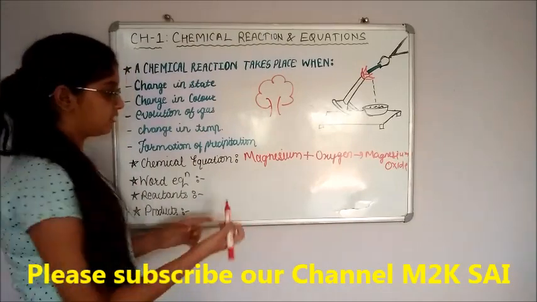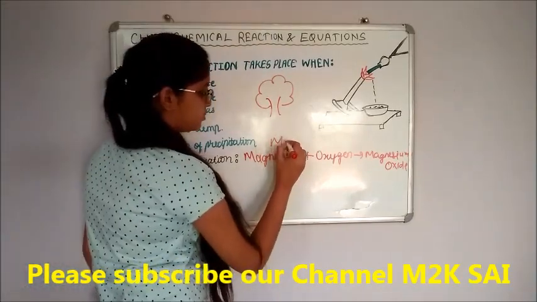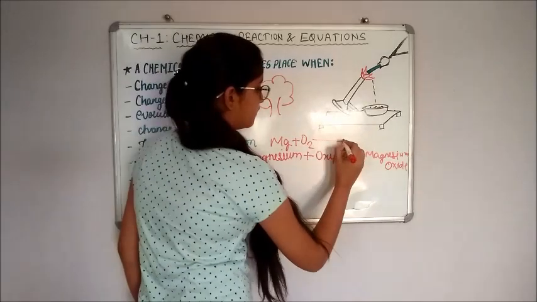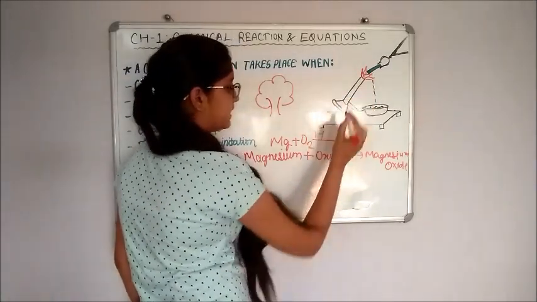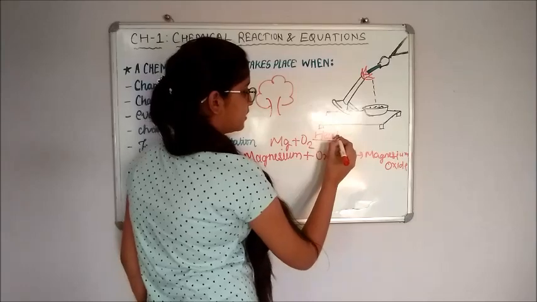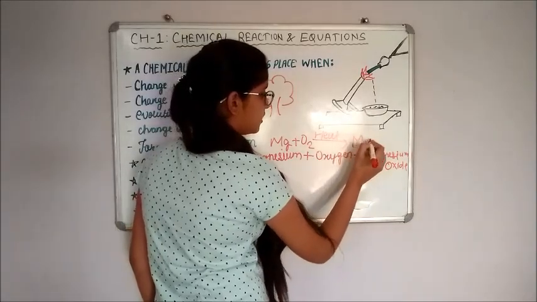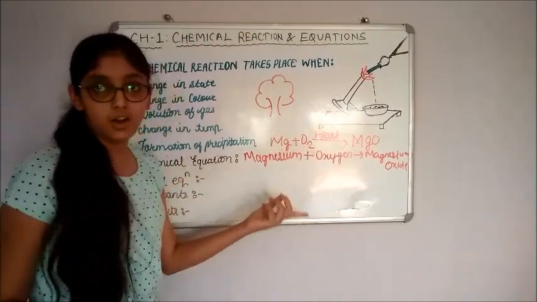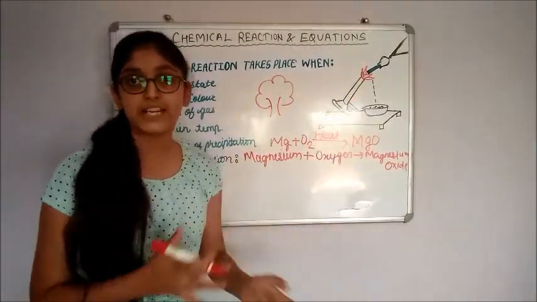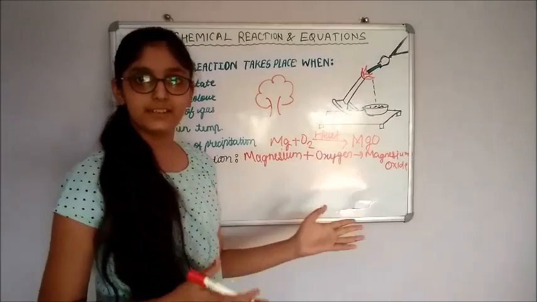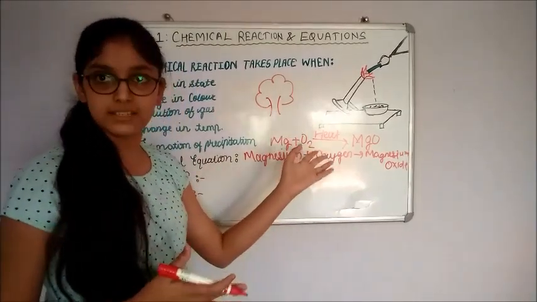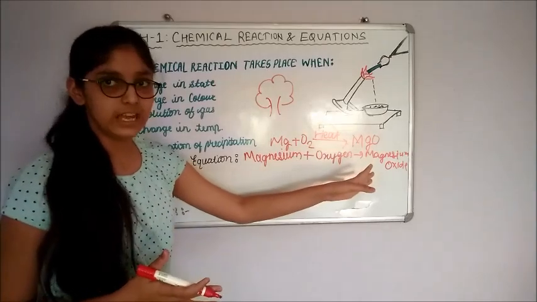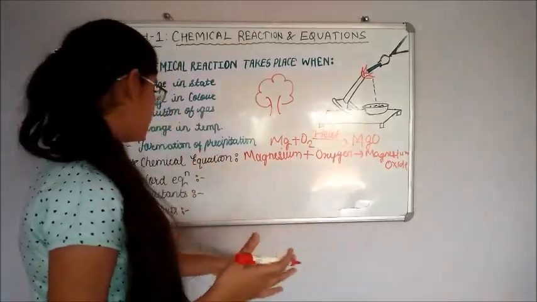You know that we write it as Mg plus O2, with heat as we are providing heat to it, gives MgO. Now from where did oxygen come? We know that fire requires oxygen for burning. So we took oxygen as our second element. So magnesium plus oxygen with the help of heat gives us magnesium oxide.